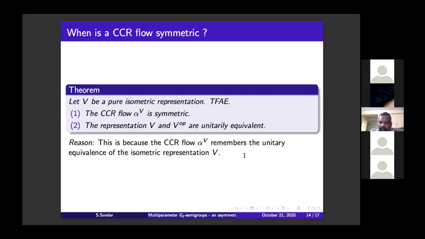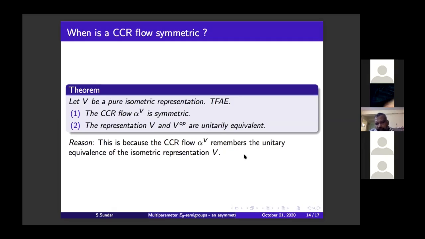It is clear that 2 implies 1, because if V and V opposite are unitarily equivalent, then alpha V and alpha V opposite are unitarily equivalent. But on the other hand, if alpha V and alpha V opposite are cocycle conjugate, then V and V opposite are unitarily equivalent. This is because the CCR flow remembers the equivalence class of V. The reason is another theorem, proved by myself and independently by Srinivasan in the higher dimensional case.